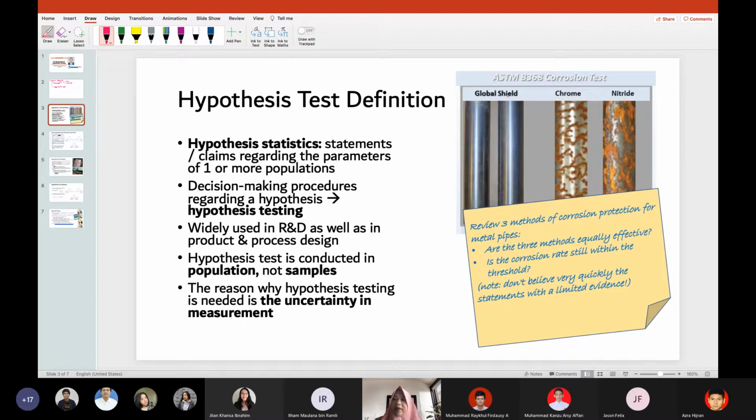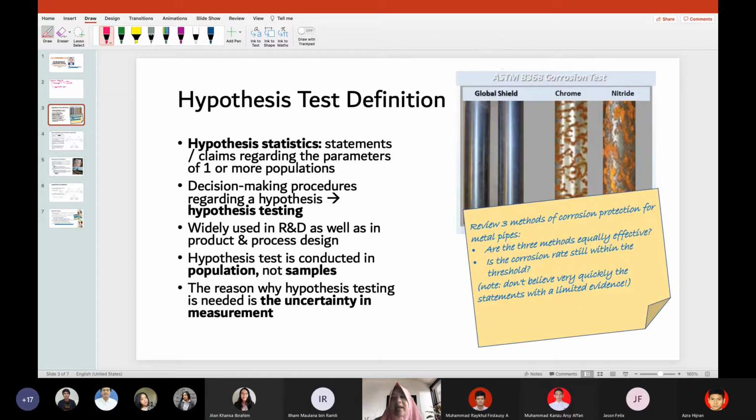Yes. So for example, this one. This is ASTM, American Society for Testing and Materials, which is the international standard to test something. Everything in chemical engineering, in oil and gas, there is a procedure for that.